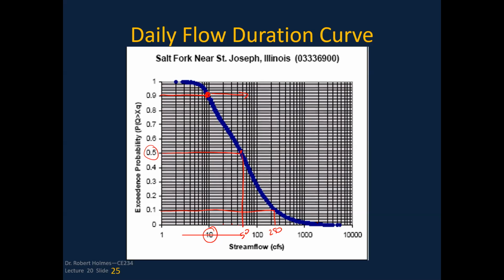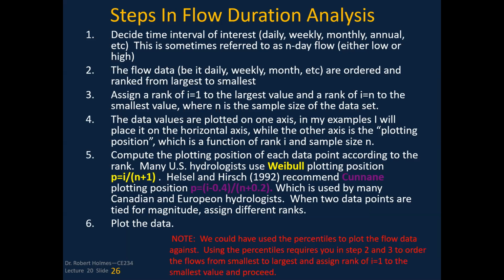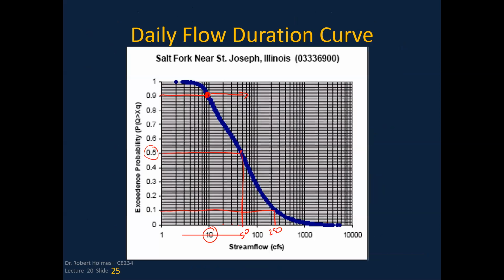And you can see as we get higher and higher in terms of the discharge, that's a lower value of exceedance probability. The exceedance probability, I want to mention, is 1 minus the percentile. So if we were to take that graph and reorder it, we could look at the percentiles.